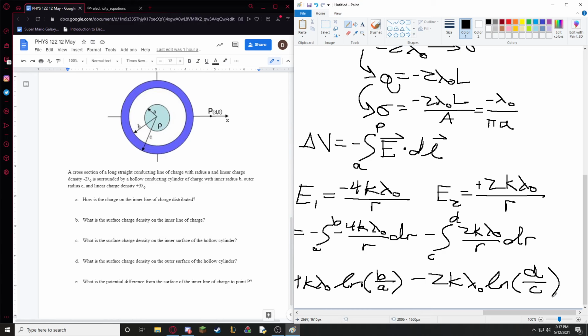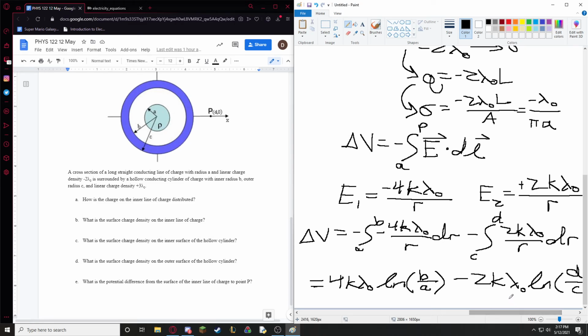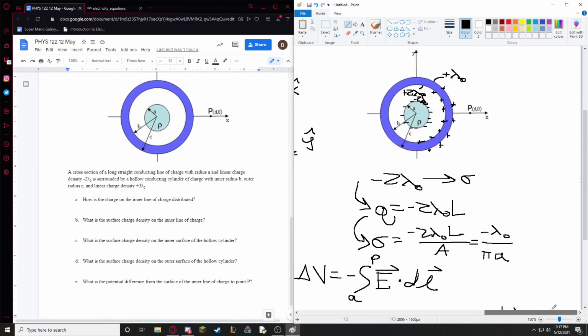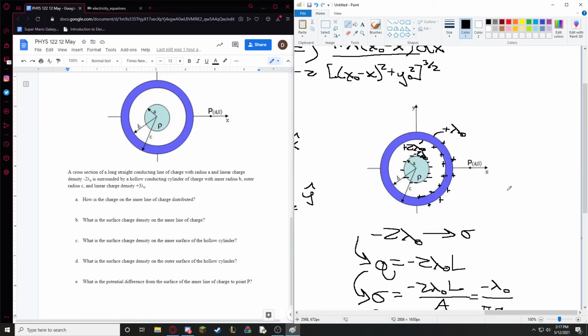If I could cycle back, I think where I got lost a little bit, it'd be finding Q for E1 or E2. Looking at the picture, I just lost it myself. So here, let me redraw it. Essentially what we have is a cylinder along the center. This is radius A. Along the length of the cylinder, we have a charge density of minus 2 lambda naught.